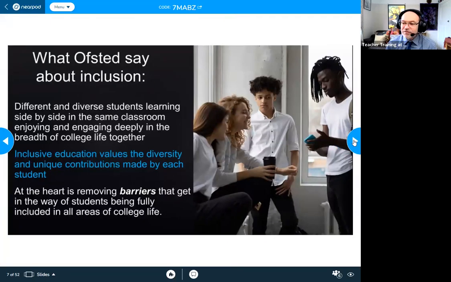Okay, so here's some views from some other people. Quite important view here from Ofsted as they make judgments about our inclusion. So there's 3 sort of captures I've got there from the Ofsted manual for their inspectors. A few of the points to pull out there, I think, about the students engaging deeply in the breadth of college life.